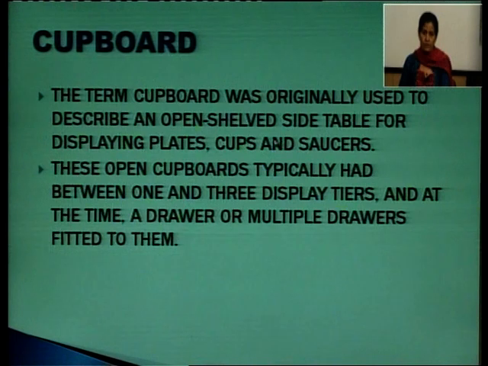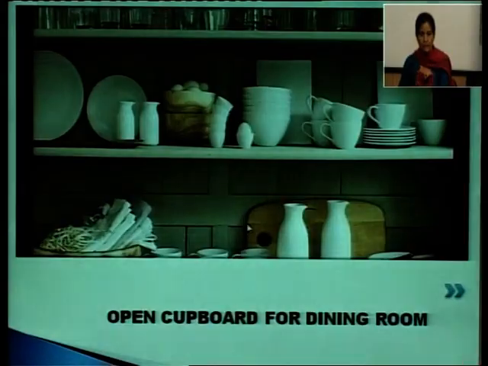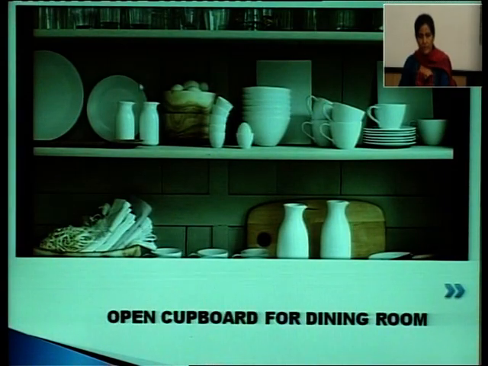It means that originally it was just a shelf which was used for keeping utensils. After that, these open cupboards typically had between 1 and 2 tiers for display, and at the same time a drawer or multiple drawers fitted to them. As we can see here, this is an example of an open cupboard where 2 tiers are provided to increase the storage capacity of this particular cupboard.